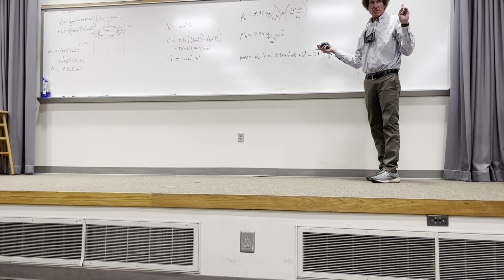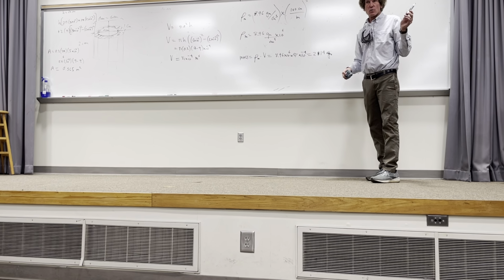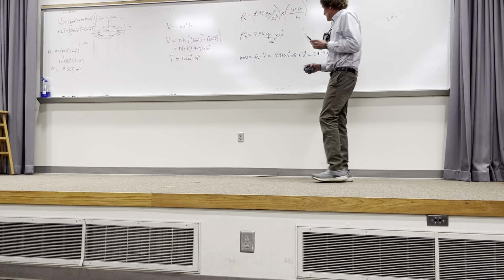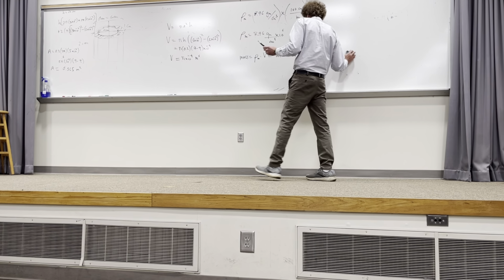Other questions about the homework? Okay. I wanted to pick up on spherical coordinates because that was the last part that I really didn't get into. I want to make sure you're clear on this.